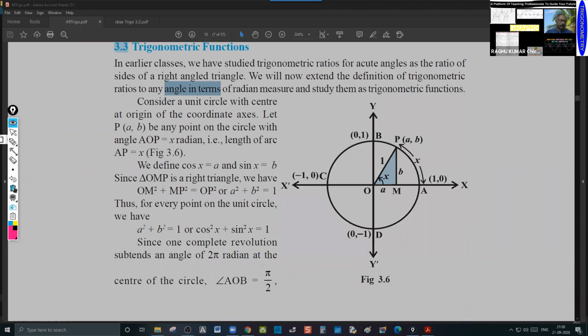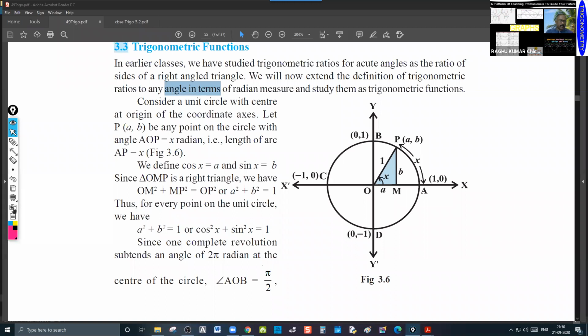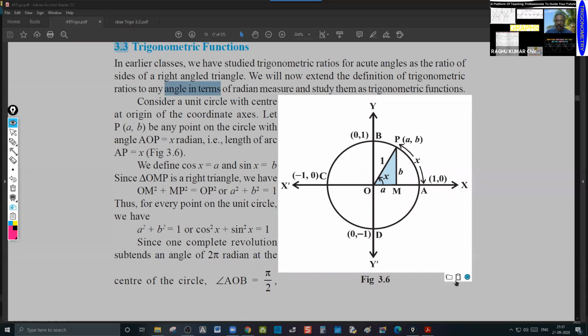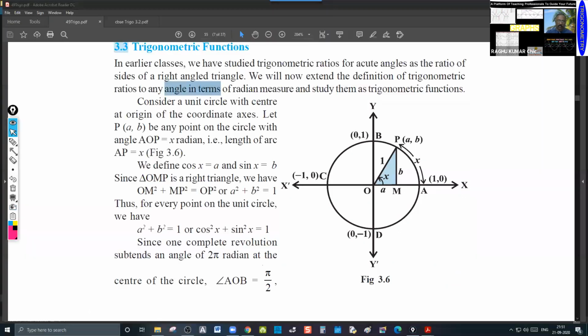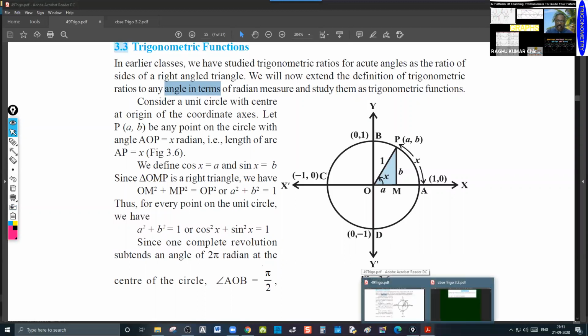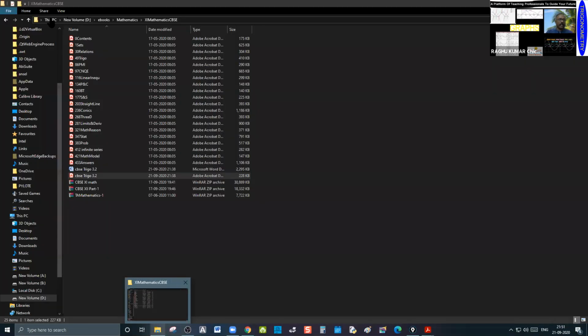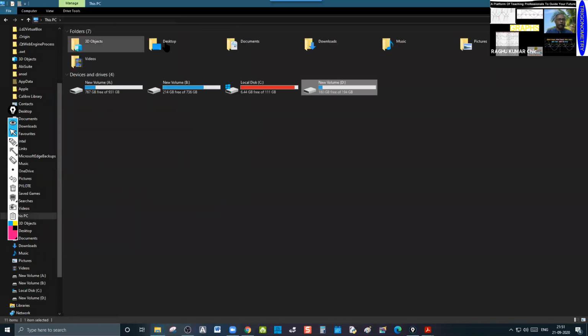What is happening here? There is a little confusion when you try to understand this because it is explained in a circle, so I'm explaining it separately so that you will not have any confusion.